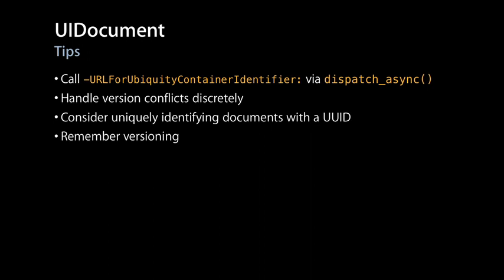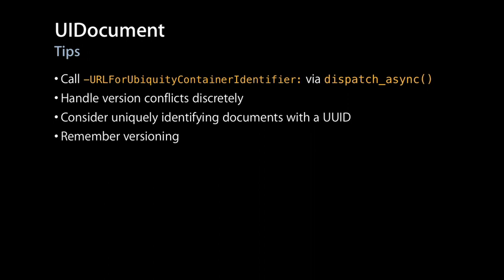Again, this is when you've had a new version of a document come down from iCloud while you already have existing changes for that same document. What you don't want to do is pop up a big dialog in the user's face and make them deal with the conflict right this second. Instead, you want to provide some discreet indication in the UI that that document needs their attention, but let them choose when they actually want to resolve that conflict.